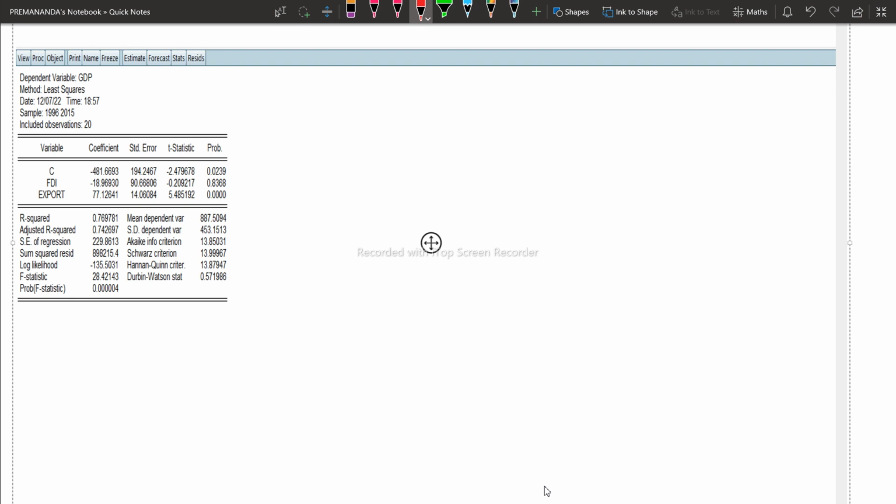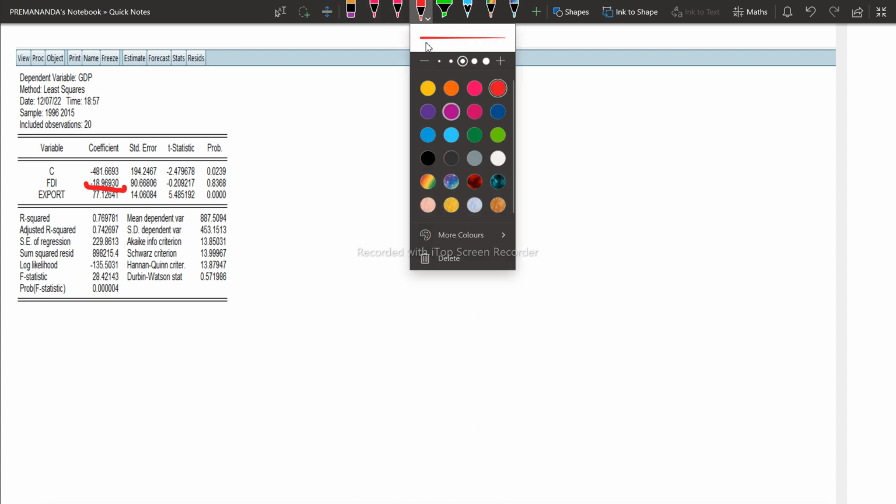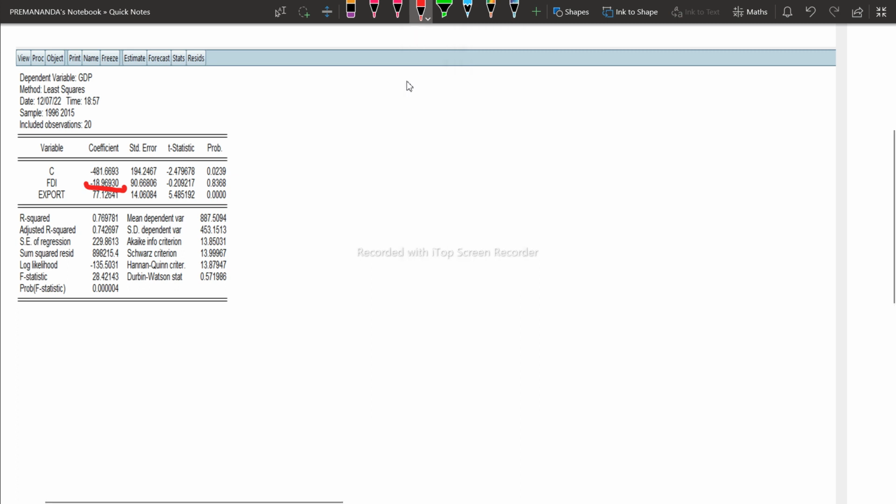So you can clearly see that here FDI is having a negative relationship with my dependent variable, that is GDP. Okay, so as I told you earlier, GDP is my dependent variable.